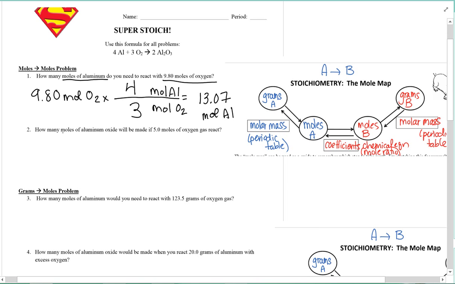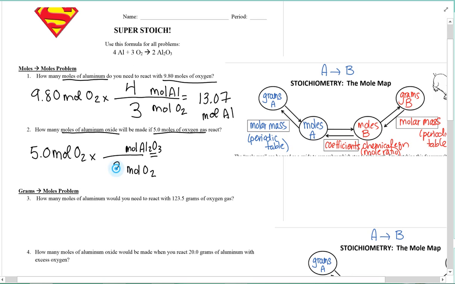So I want how many moles of aluminum oxide will be made if I react 5 moles of oxygen gas. Again, first thing, I'm going to write down the number I'm given, 5 moles of oxygen gas. And I'm going to think about my ratio here. The units that I have are going to go on the bottom, moles of O2. The units that I want go on top, moles Al2O3, and to figure out what numbers go there, I'm going to look at the coefficients from my chemical equation.